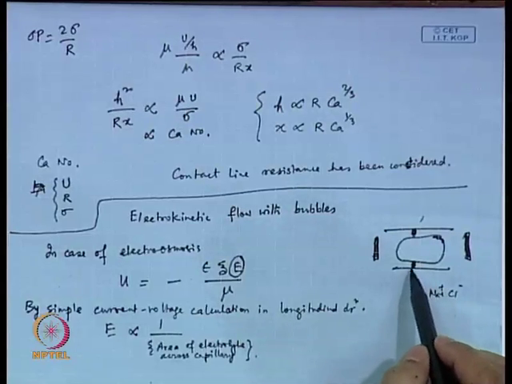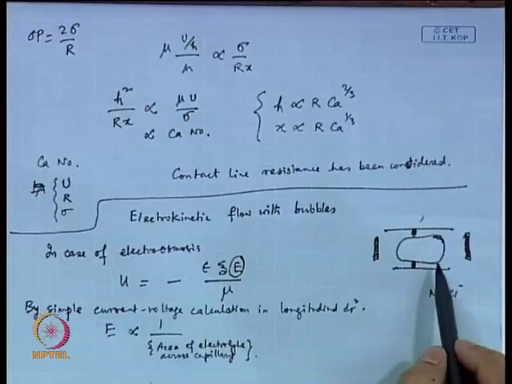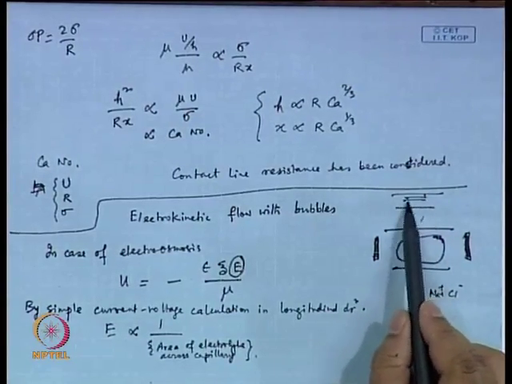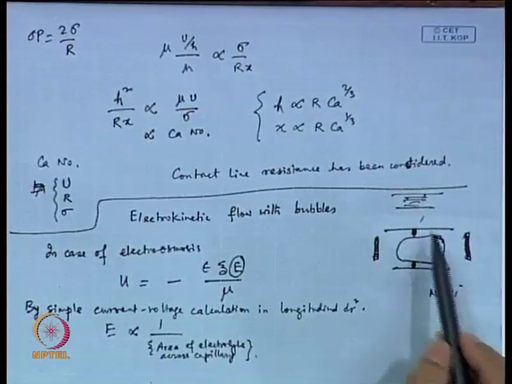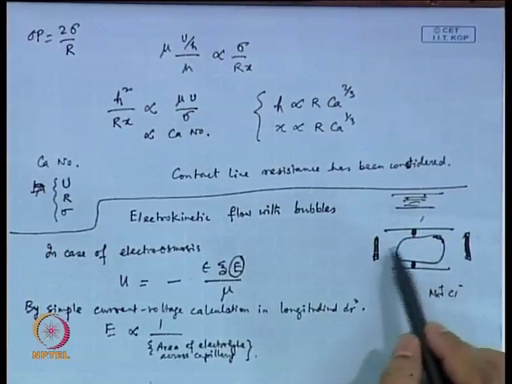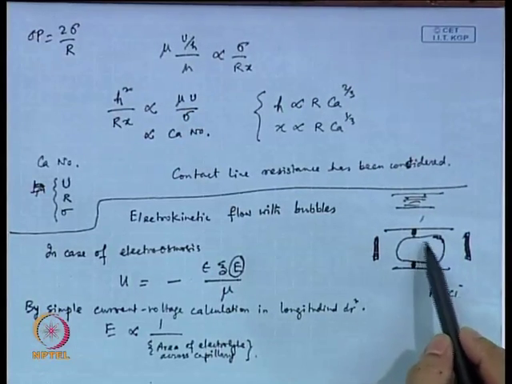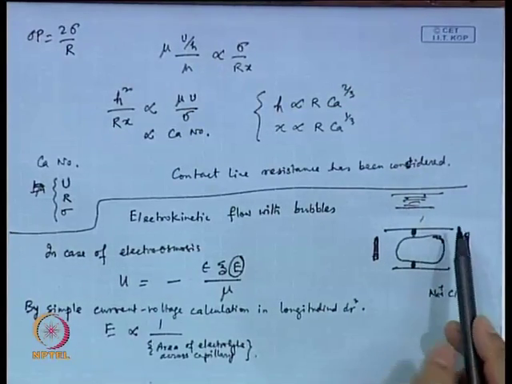So, in this case the electric field E that you get and the case where you have the entire channel filled with liquid, these two would be different, because you are applying the same voltage. Same voltage is applied, but over a smaller volume of electrolyte in this case and a larger volume of electrolyte in the other case.